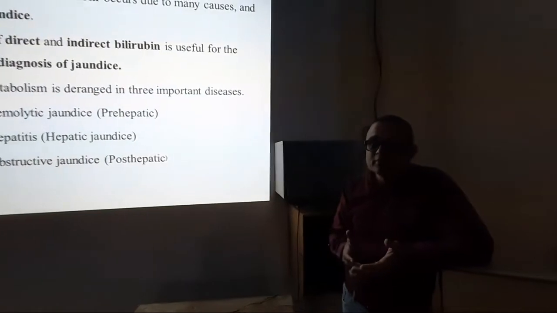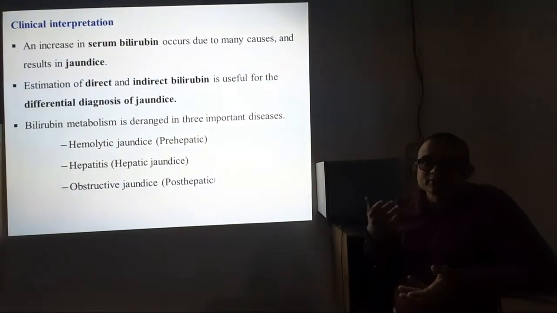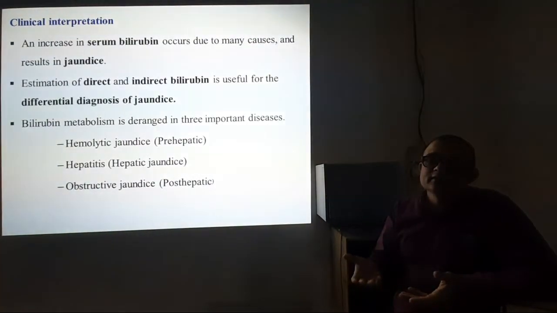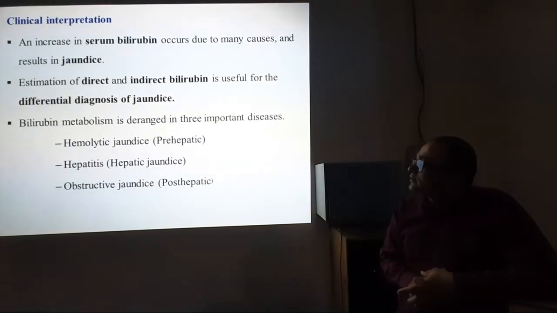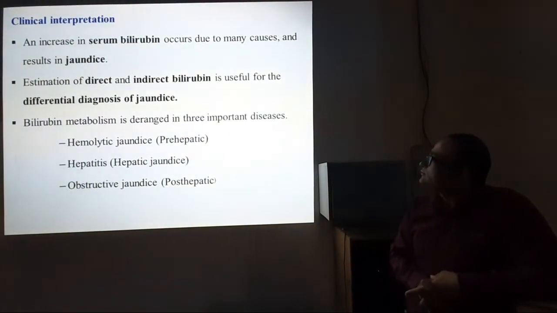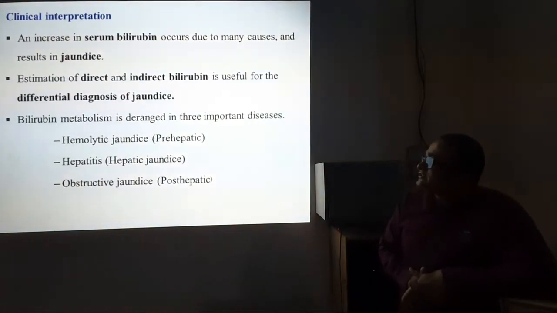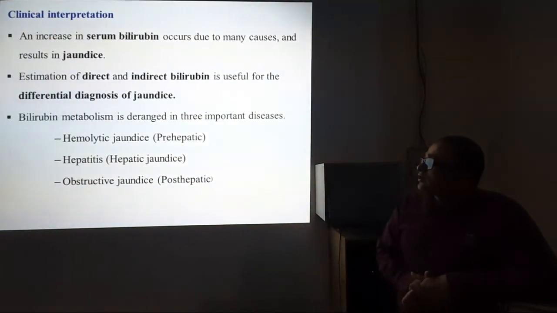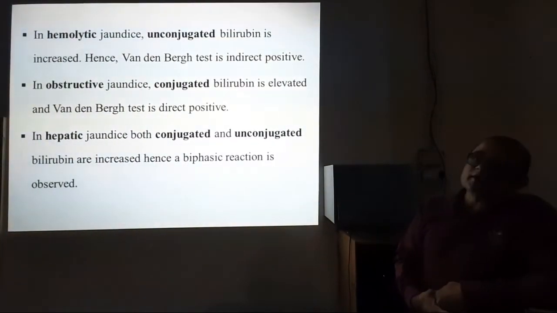The cause could be prehepatic, that is before the liver. It could be hepatic, that is a problem with the liver. It could be post-hepatic due to obstruction. So jaundice is divided into three important types: hemolytic jaundice called prehepatic jaundice, hepatitis called hepatic jaundice, and obstructive jaundice called post-hepatic jaundice. Now what happens in hemolytic jaundice?